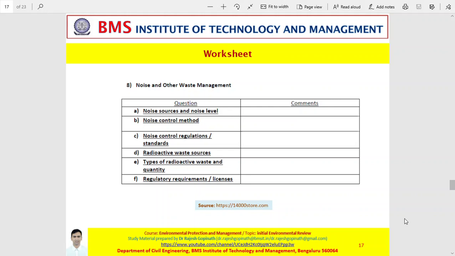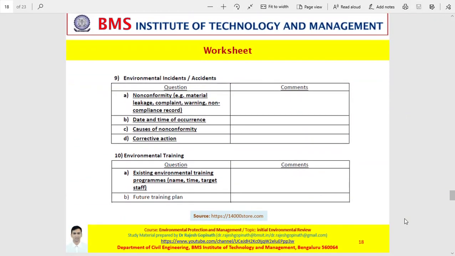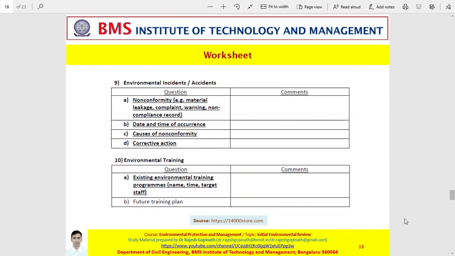Now let us move on to slide 18, wherein part 9 and part 10 have been displayed for your kind perusal. Part 9 basically deals with environmental incidents and accidents.